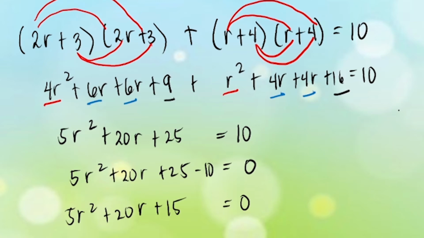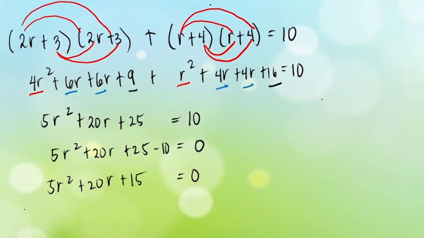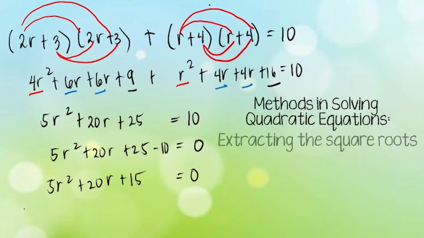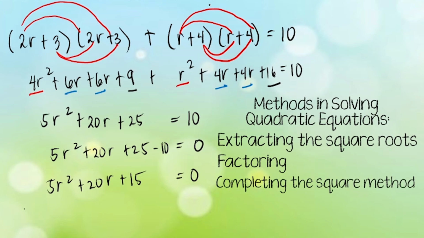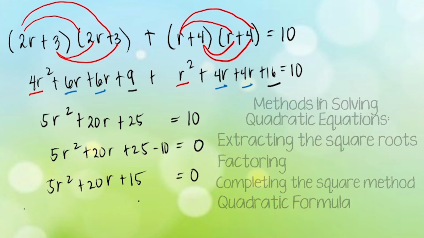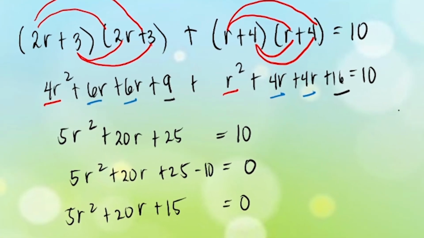Now, we're going to solve for the roots of this equation. You can use different methods. We have extracting the square roots. We also have factoring, completing the square method, and the quadratic formula. So let us check if this given equation is factorable. We have 5r squared plus 20r plus 15 equals 0.